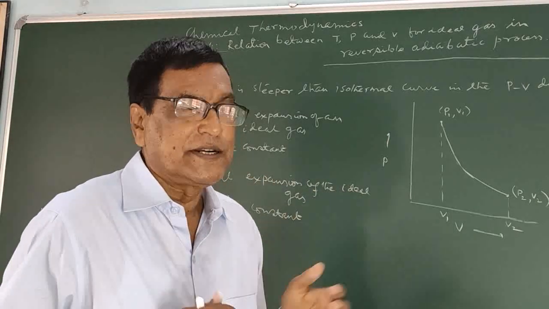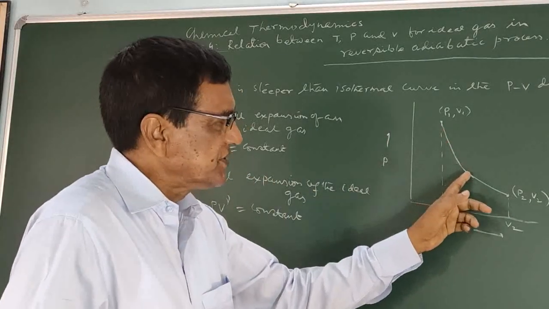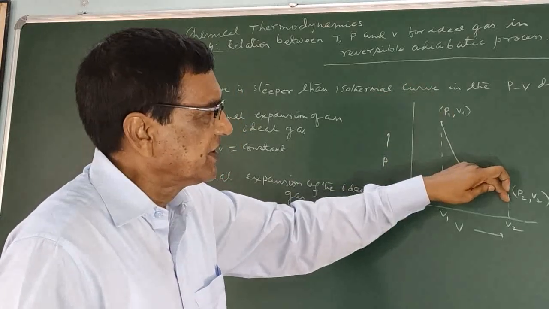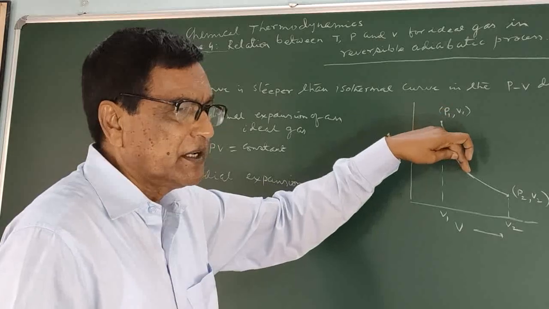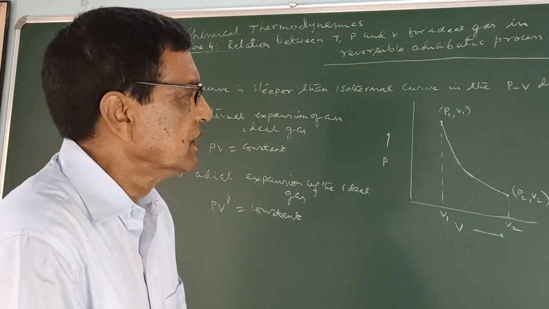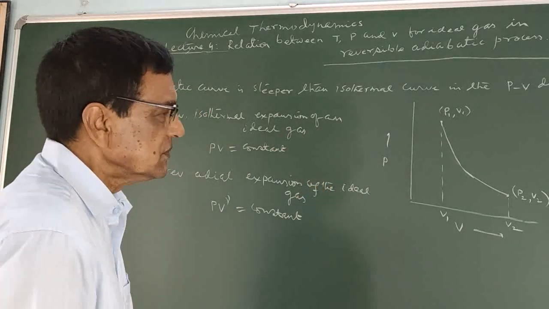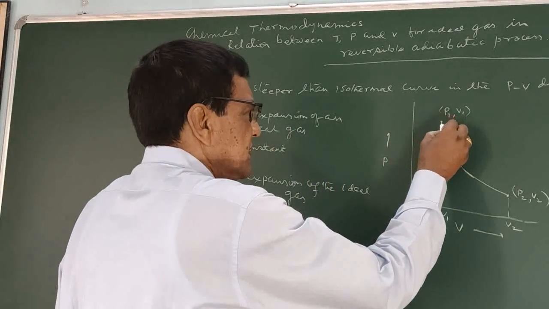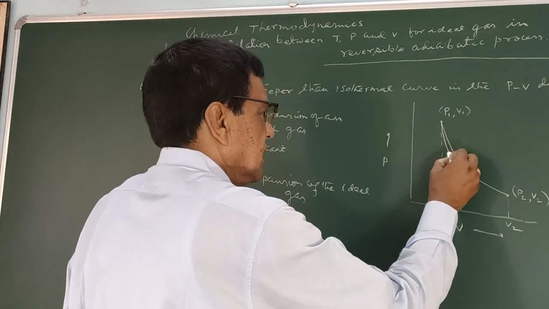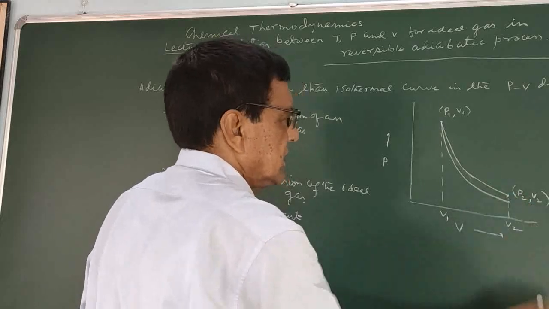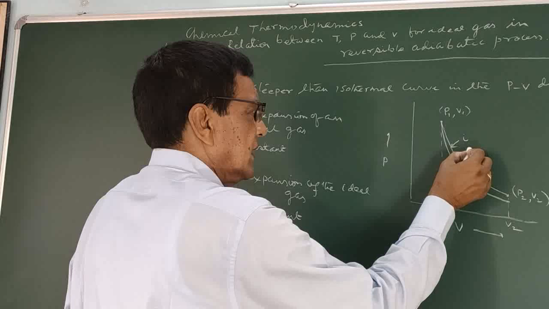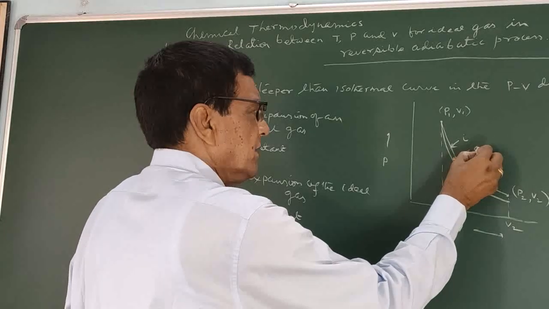If it would be irreversible, then the intermediate states are not known, and so we shall get only the initial state and final state, and not the intermediate states, and we could not draw this curve. So for this adiabatic process, suppose the curve is like this. This is the isothermal curve, and this is the adiabatic curve.